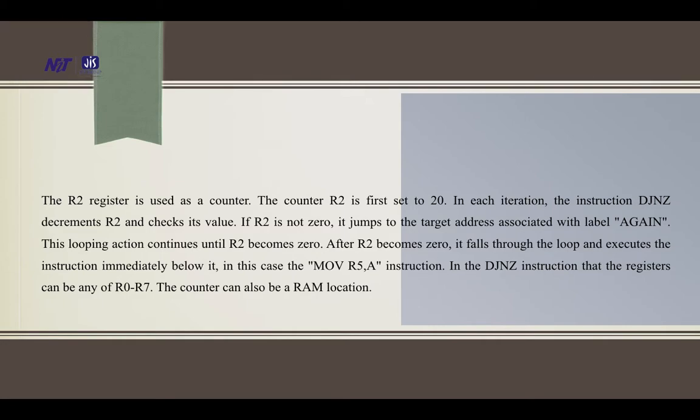This looping action continues until R2 becomes 0. After R2 becomes 0, it falls through the loop and executes the instruction immediately below it, in this case MOV R5,A. In the DJNZ instruction, the register can be any of R0 to R7, and the counter can also be a RAM location.